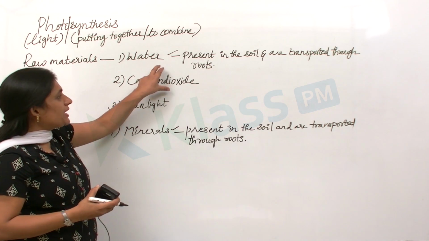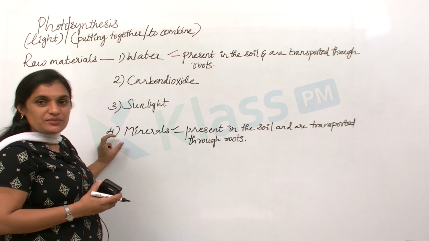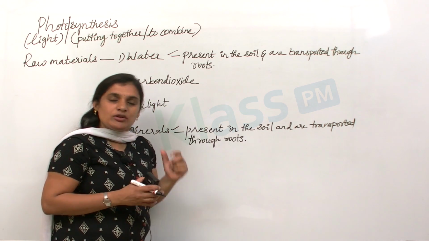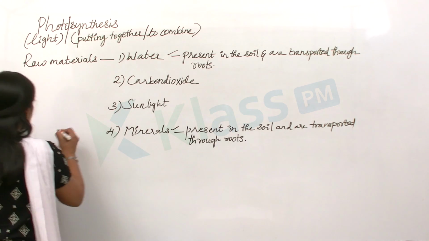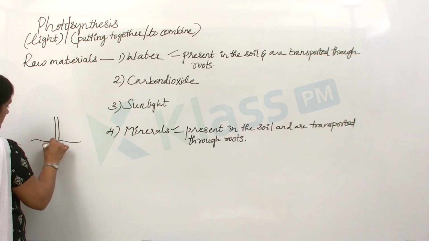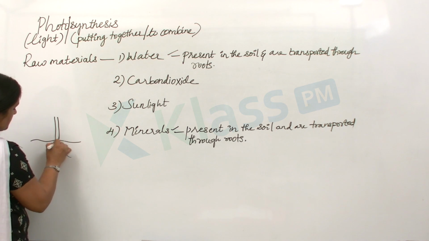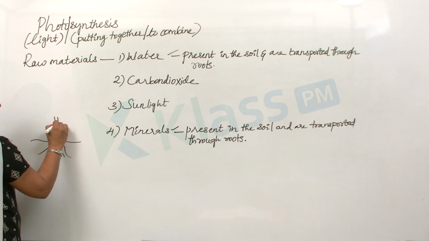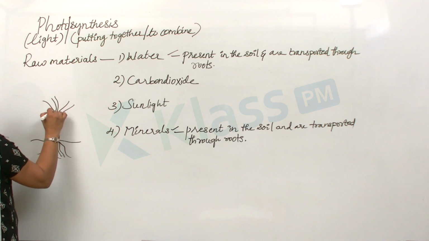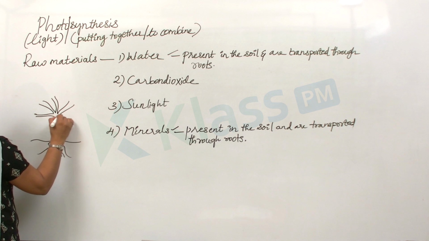The leaves obtain water and minerals which are present in the soil. When you draw the structure of a plant, let me draw it here. This is the root system, which is present underground, right? And you can see the various branches bearing leaves, right?